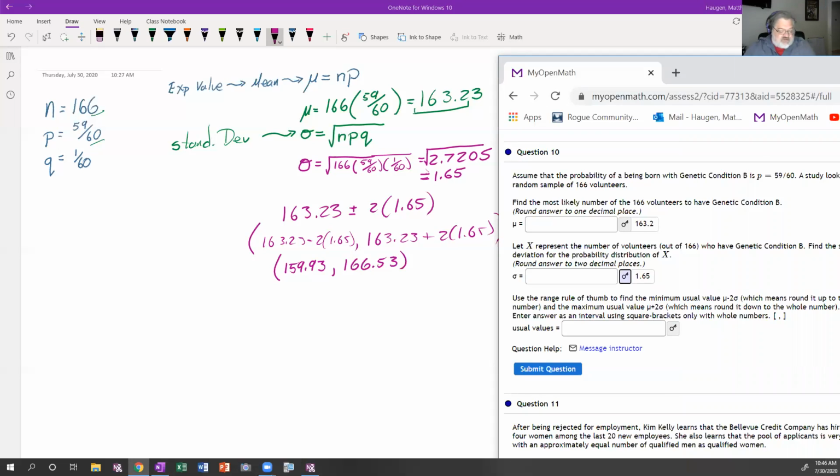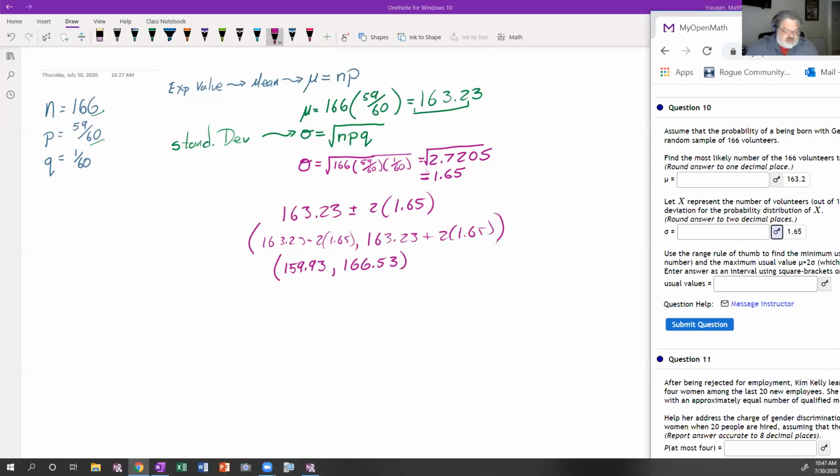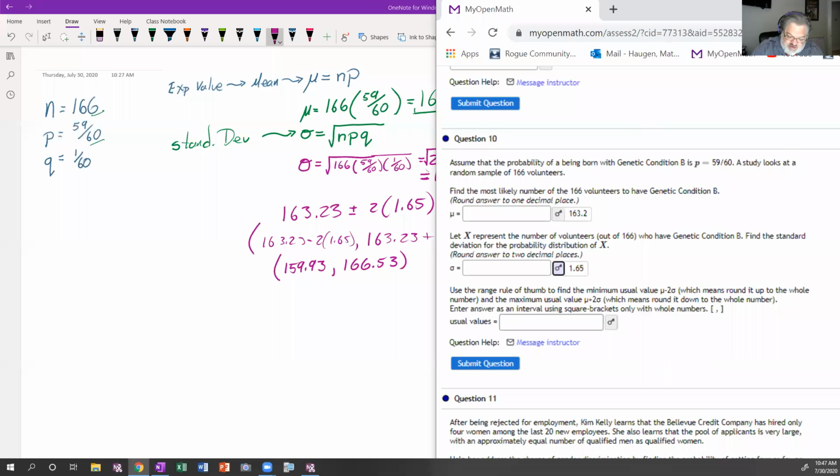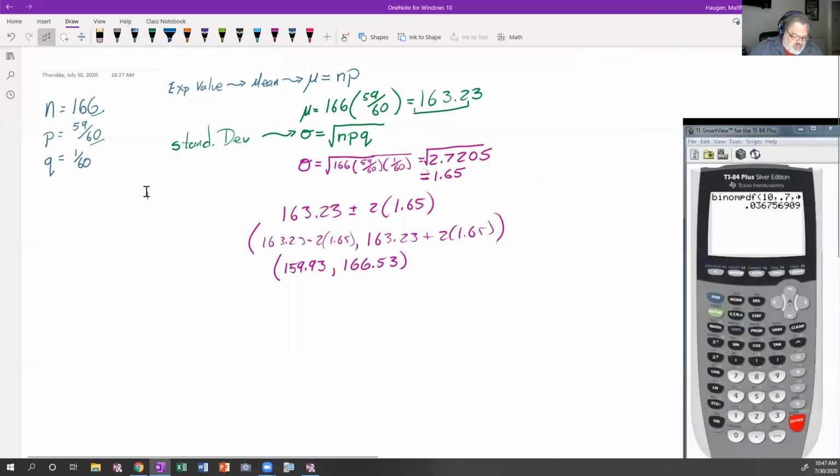So we have to be a little careful how we round here, because they are talking about rounding. Notice one is round up and one is round down. The reason for that is if we're talking about people, our usual range stops at 159.93.